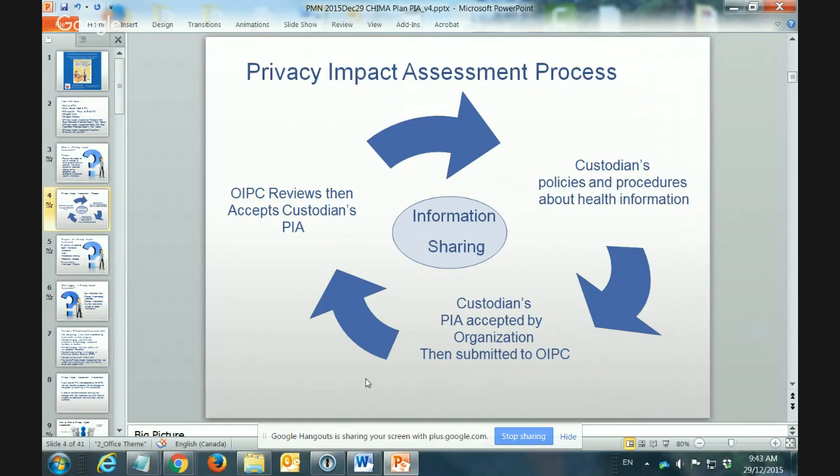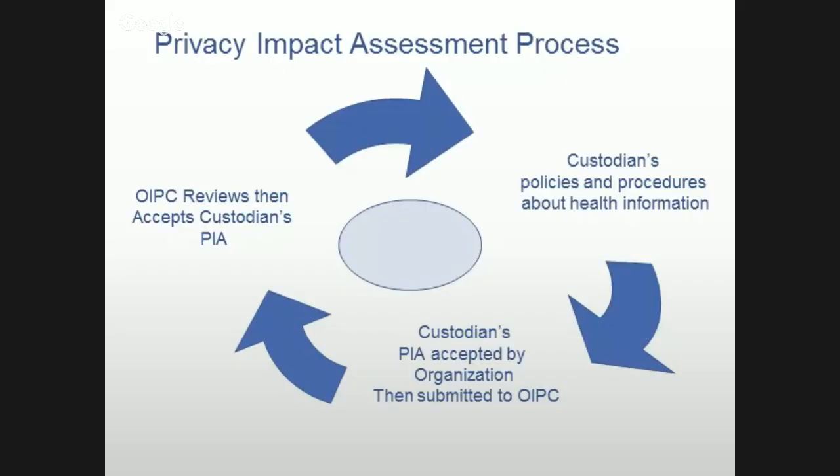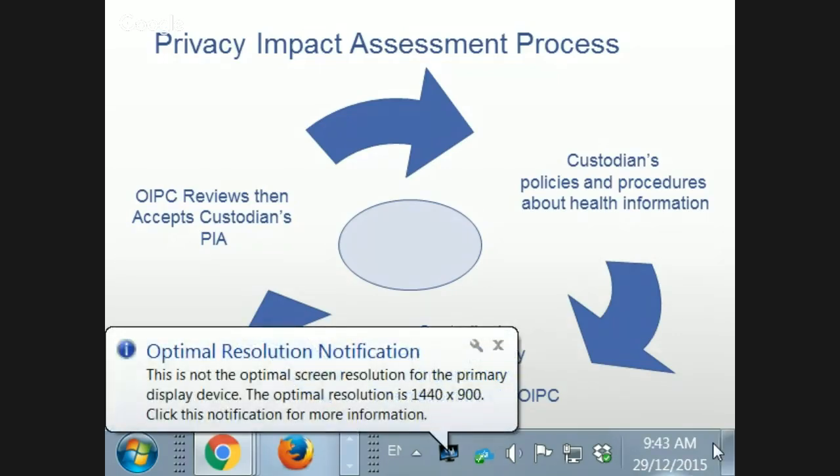And enter 3 if you have done a privacy impact assessment. I'm just going to change the slides on my screen while we wait for the results coming in on the chat. We're going to come back to those results in just a moment, and we're going to continue with the presentation here.